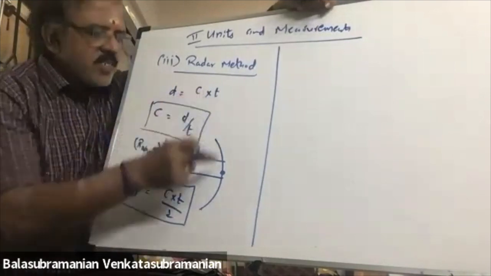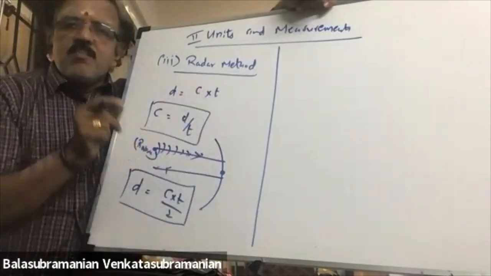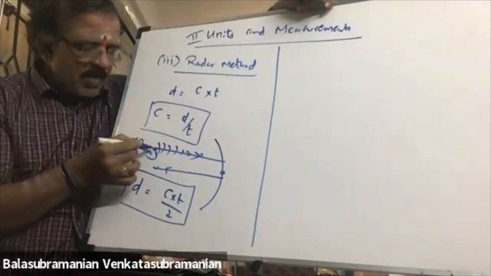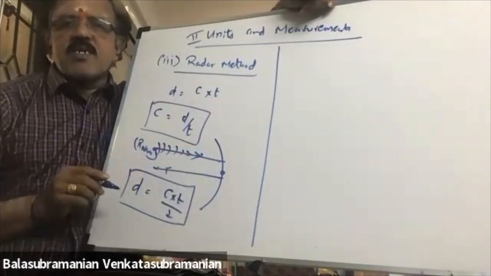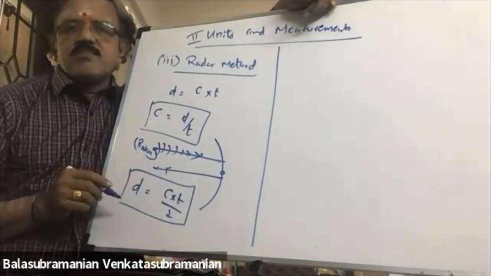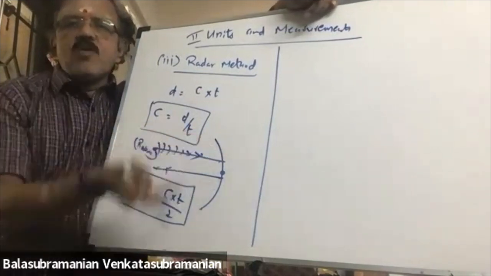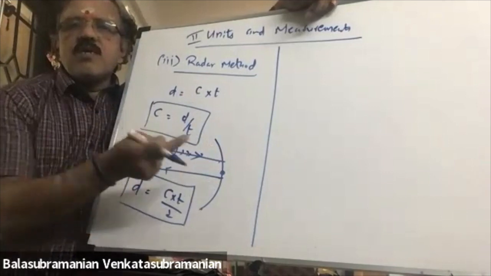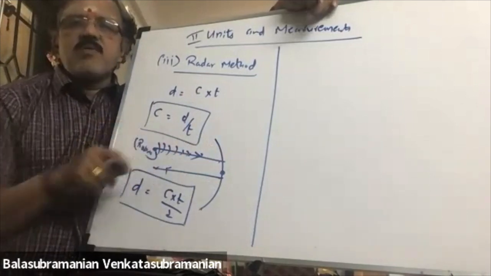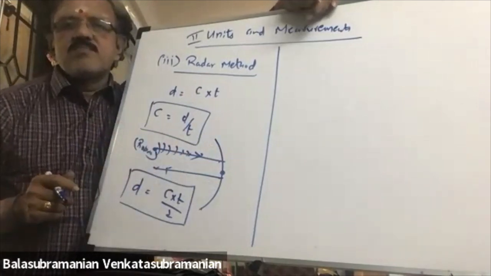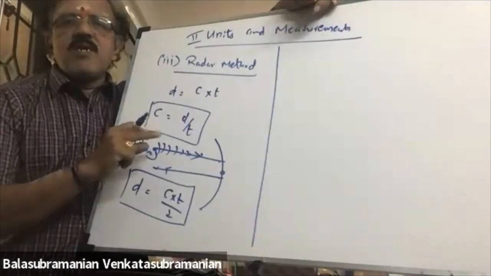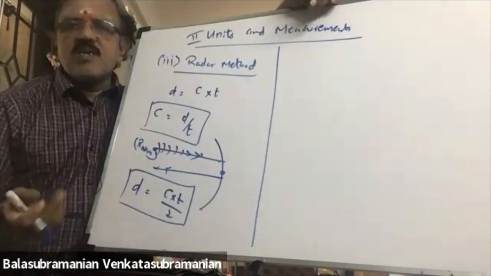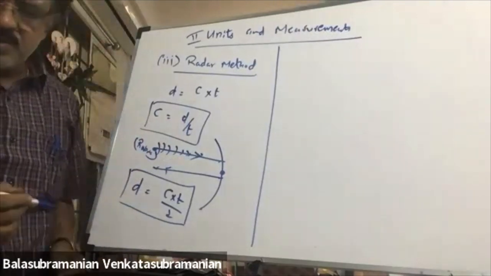Actually, we have to measure only the one-way distance. But the pulse travels from here to the target and then returns. The time we have calculated is for the forward and return journey together, but forward time alone we need. Time we have already counted twice, so we are dividing by 2. That's all. Okay. Fine.